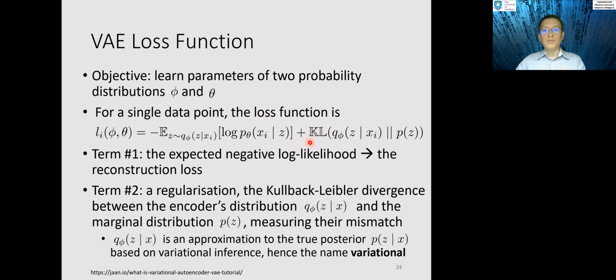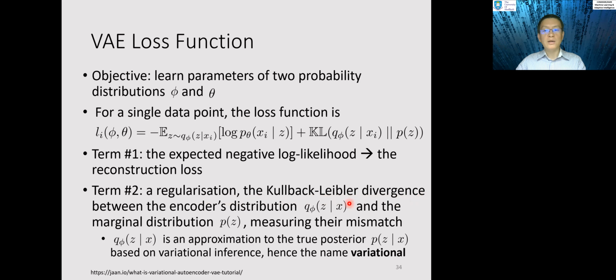The second term over here is something very special. It is a kind of regularization, called Kullback-Leibler divergence, or simply KL divergence.